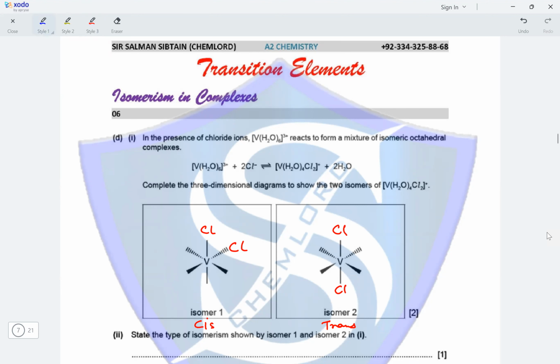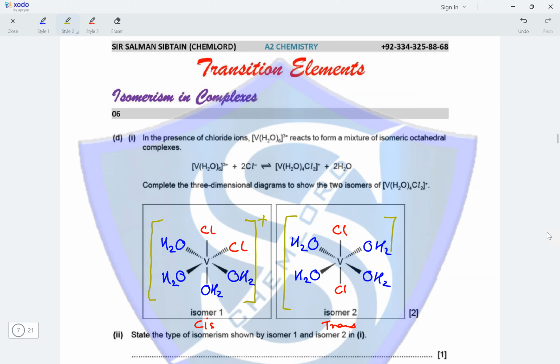So the remaining positions will be occupied by the four water molecules as stated in the equation, and in this way we have the two cis-trans isomers of the given complex formed. Completing the diagram, we place both the structures in square brackets with a positive sign showing that these are complex ions.